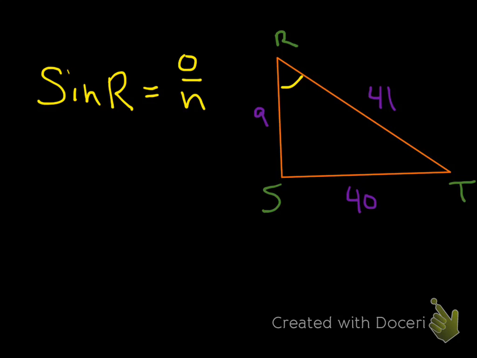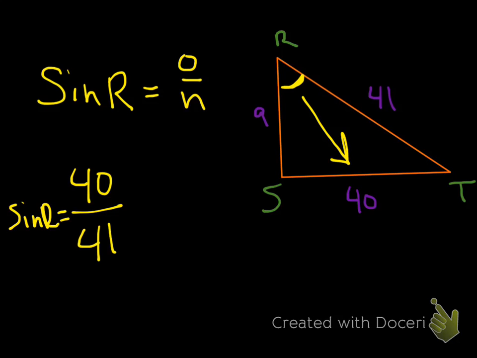Angle R's opposite side is 40, and the hypotenuse is 41. So the sine of R is equal to 40 over 41.